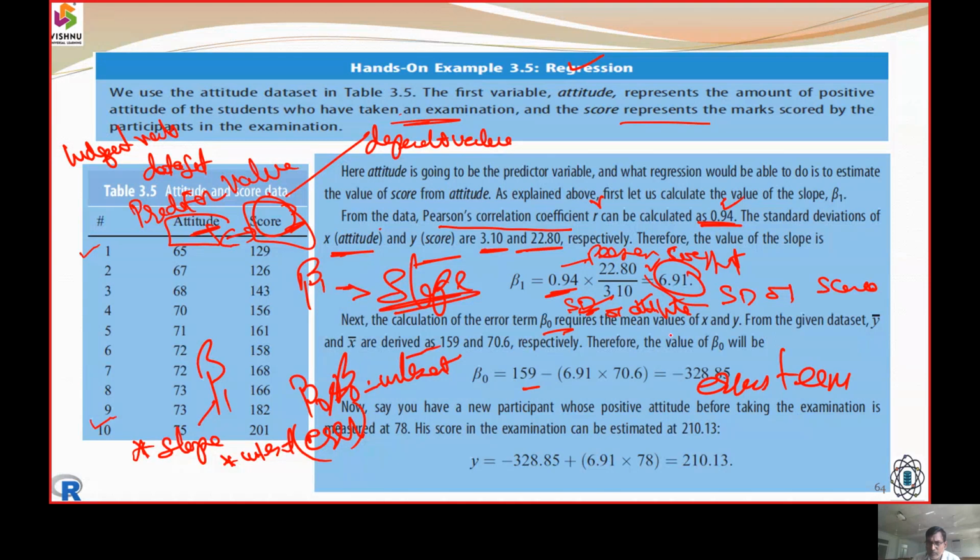We take the data set, that is x bar and y bar, and the mean is 70.6.